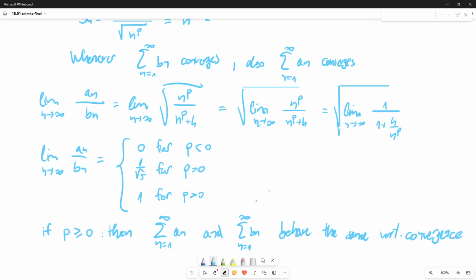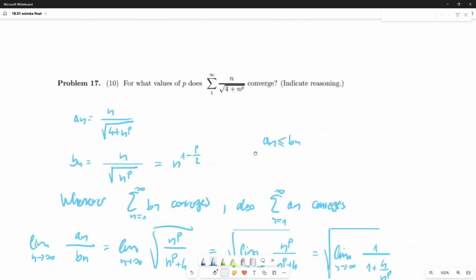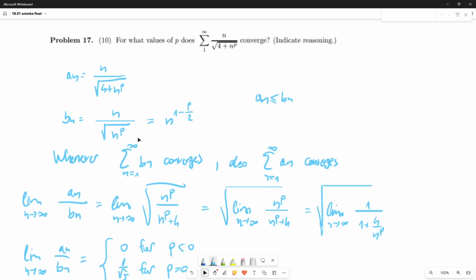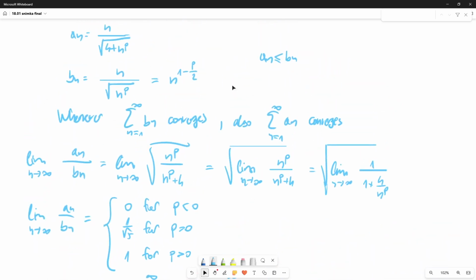So either they converge together or they diverge together. This is a stronger result than the result obtained here, which says whenever the series of b converges, then the series of a converges. But when p is less than 0, then we can only know this. Only this holds in that case.